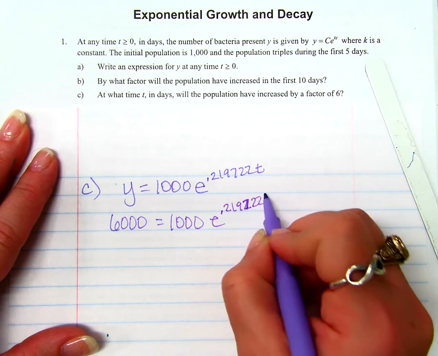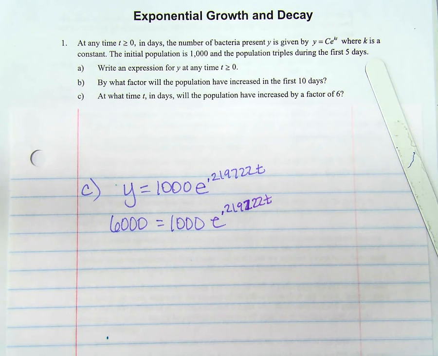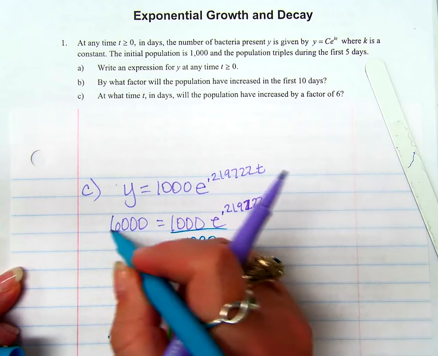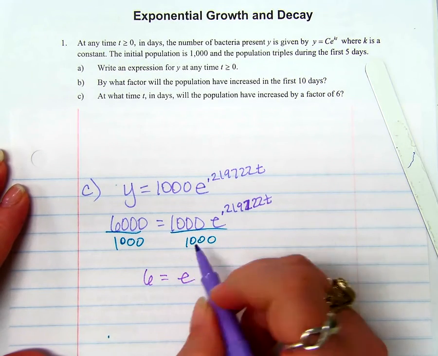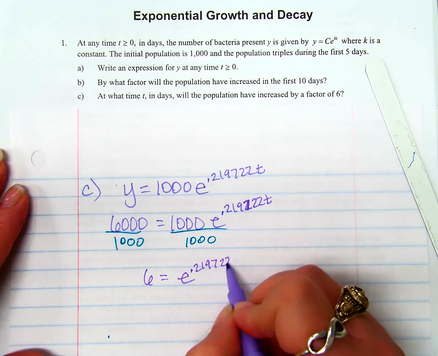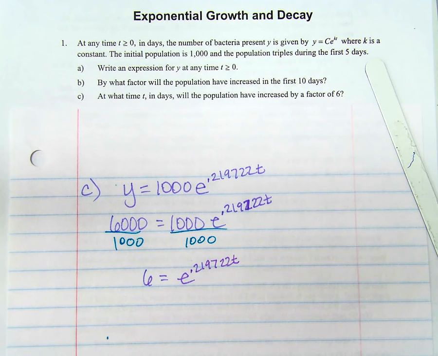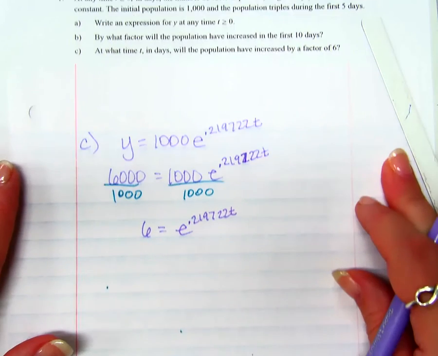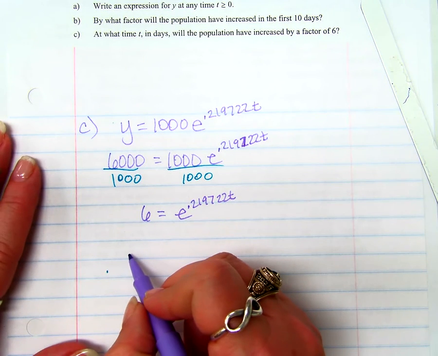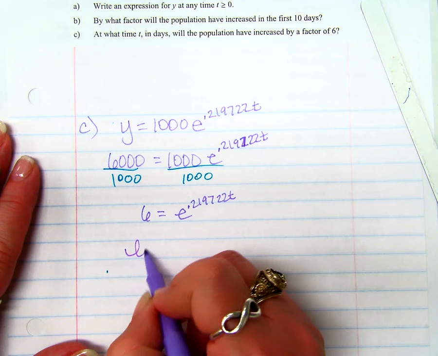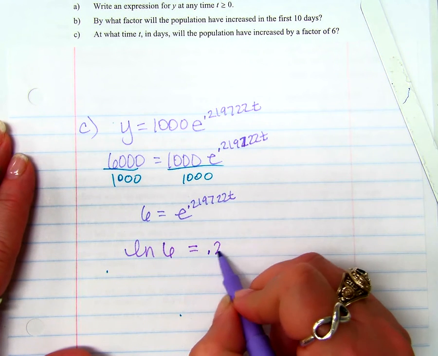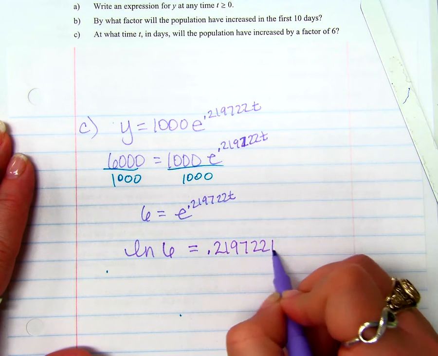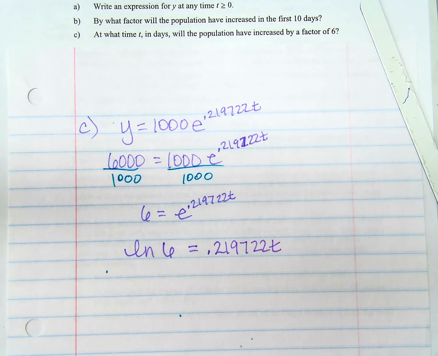So let's solve it for t. What do I do first? Divide by 1,000. So 6 equals e to the 0.219722t. Logarithmic form, good. Are we skipping the step or not? Yes, okay, so natural log of 6 equals 0.219722t.